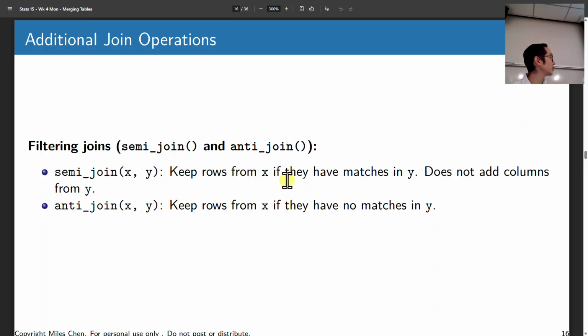An inner join looks at table X and table Y and only keeps the ones that have matches, but if there are additional columns in Y, it joins them all in. The semi-join doesn't add any of the columns from Y. It basically uses Y as a way to filter down X.